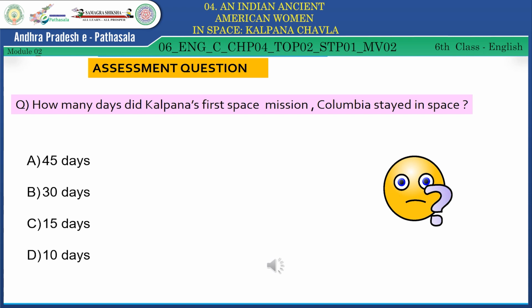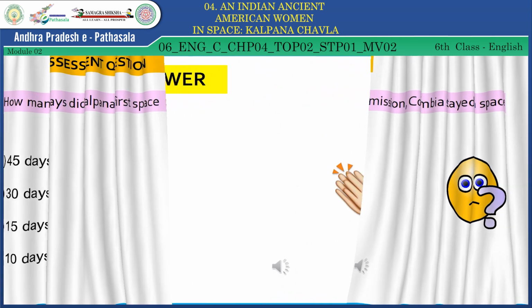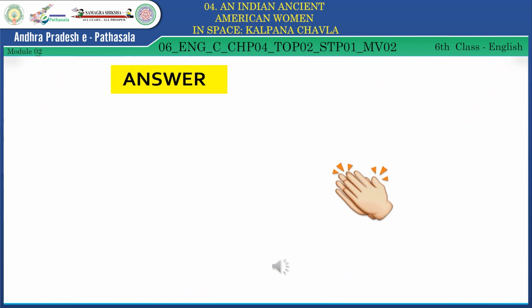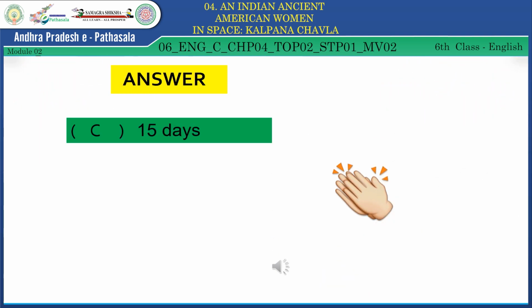Option B, 30 days. Option C, 15 days. Option D, 10 days. Which is the correct answer? Come on, tell me. Marvelous. Your answer option C, 15 days is the correct answer.